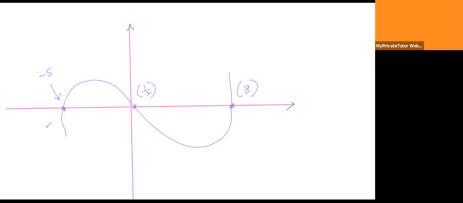We have 3 zeros, so we get a cubic function. This becomes a factor x plus 5, this becomes x minus 1 by 2, and this becomes x plus 8. If you multiply these three, we will get the actual polynomial equation for this graph.